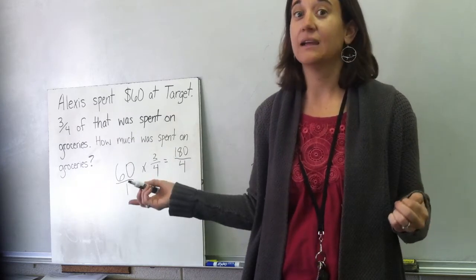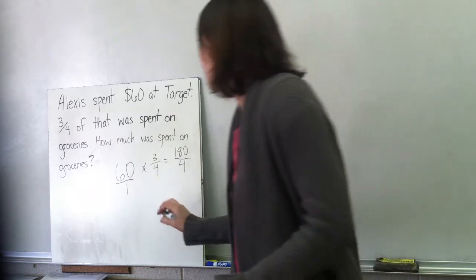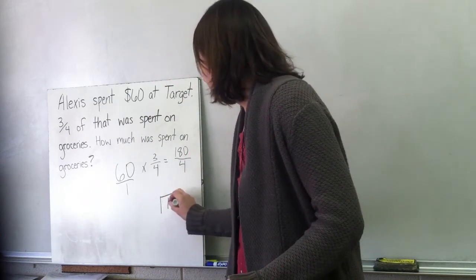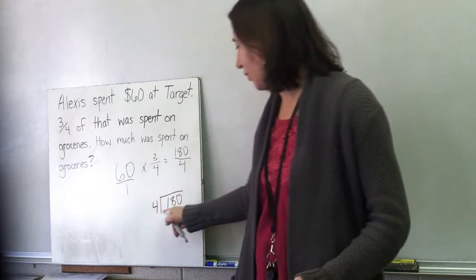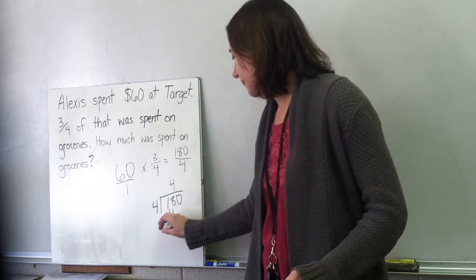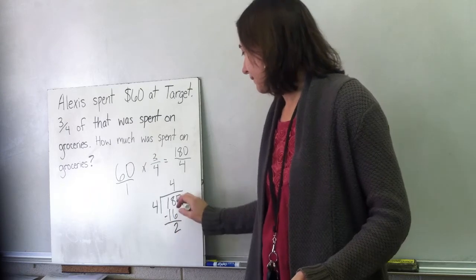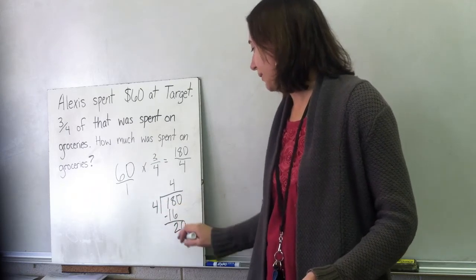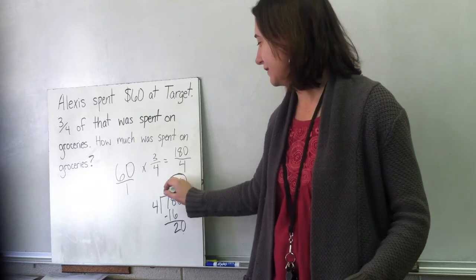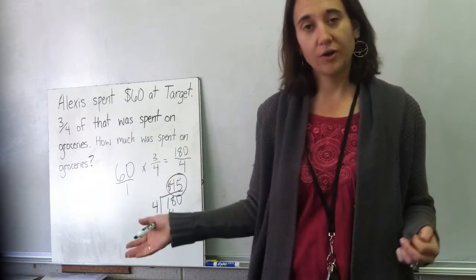That is an improper fraction, so I would put the numerator in the house, the denominator outside. 4 would go into 18 4 times. Bring down the 0. 4 would go into 20 5 times. And it's $45 that she spent on groceries.